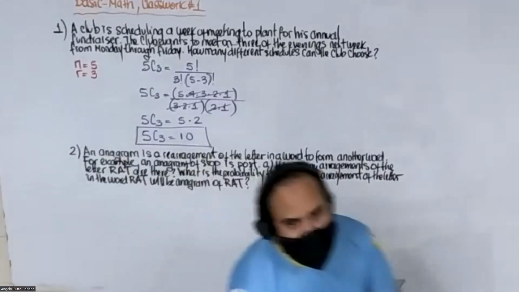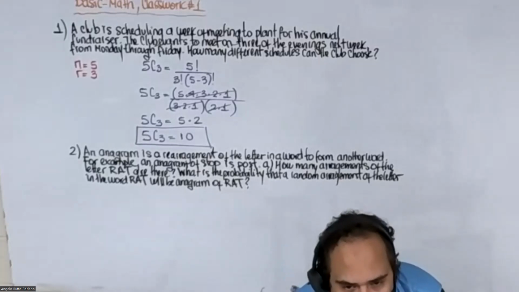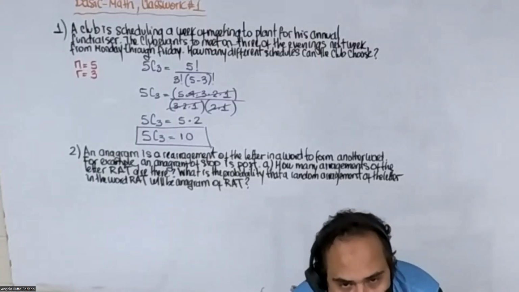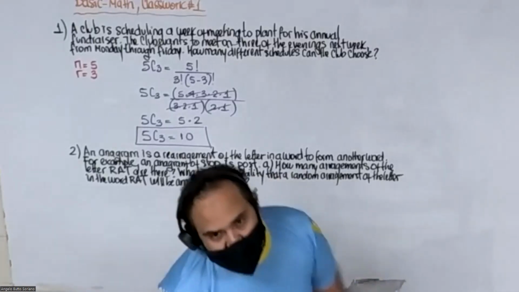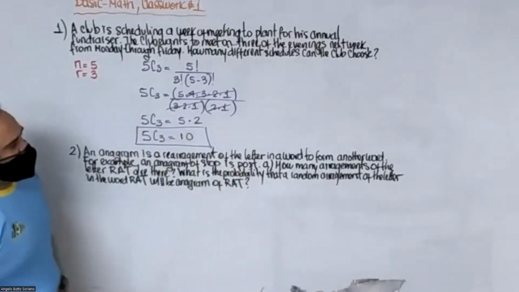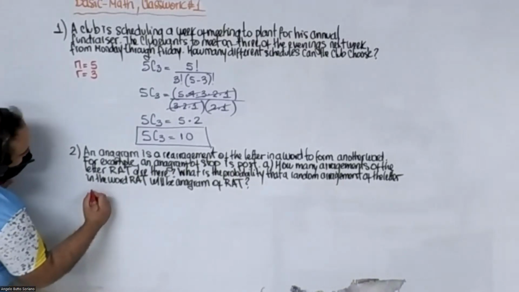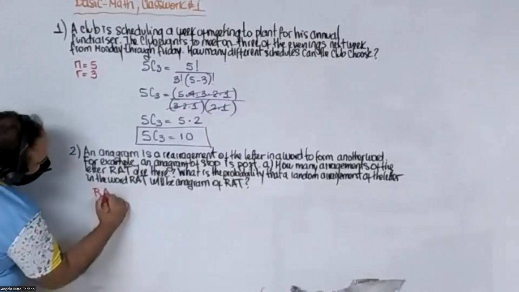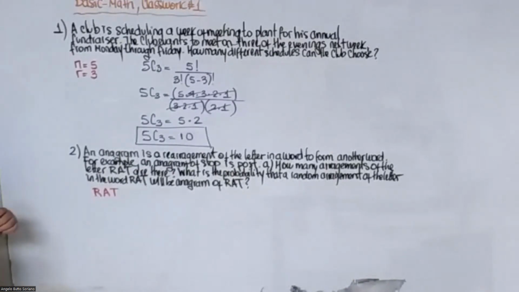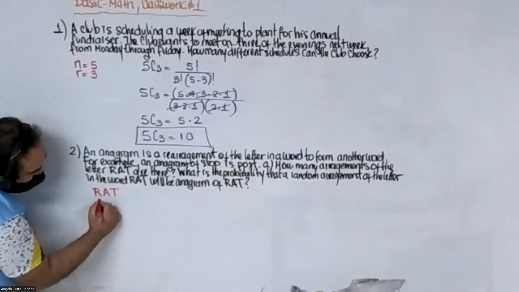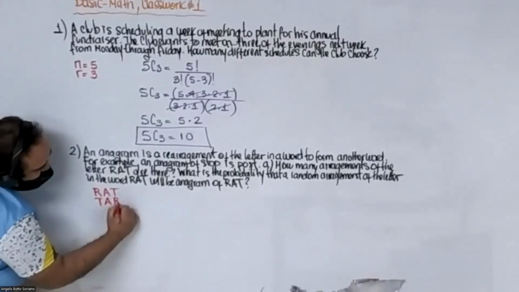Problem number two can be considered a basic shortcut of a permutation, but you don't need to calculate the permutation. There are two ways we can solve the problem. The longest way is to prepare a list of the words. For example, the first one is rat. Do you mind telling me the second arrangement? Tar. Another one?